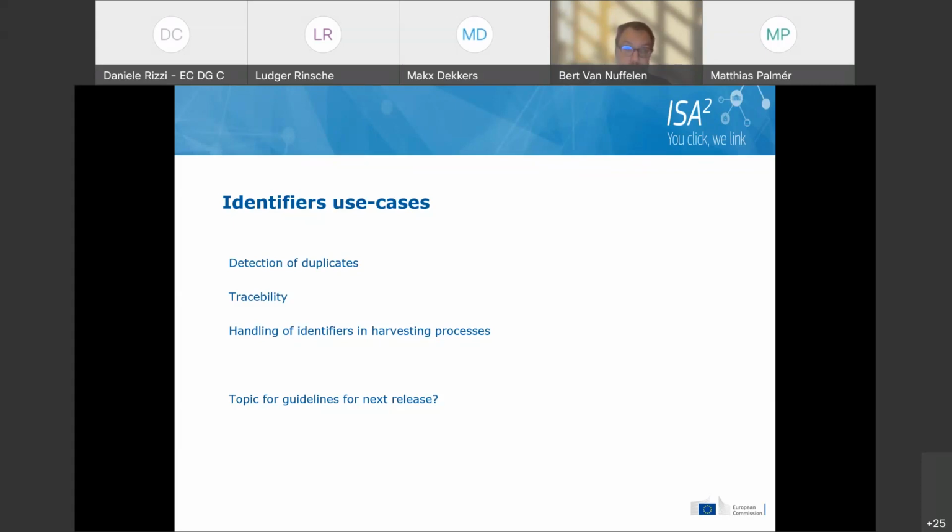So that's my position. If I may, speaking from the point of view of Data Europa, where we do harvesting from national catalogs, which in their turn often harvest from more regional or local catalogs, it does make sense to keep the DCT identifier as possibly a multiple field. So if you restrict it to one, that would not work. And I would also announce that we are now going to treat URIs as the main identifier, so not the DCT identifier but the RDF about value as a persistent URI.